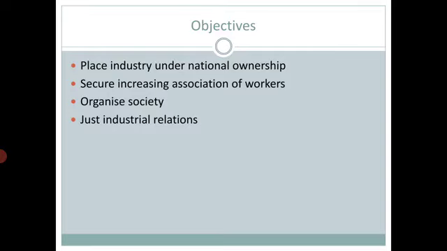To develop in the workers a sense of responsibility towards industry and the community. See, not only should the employers be caring about the employee, but the employee should also be equally caring about the organization. Means what?